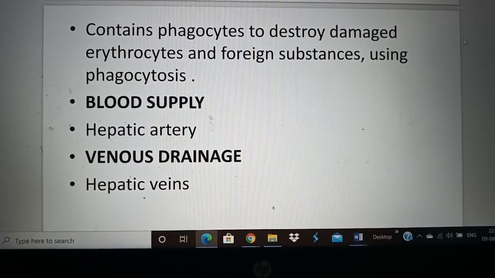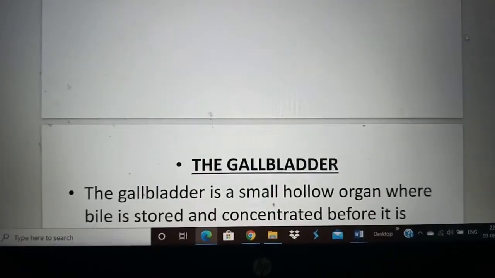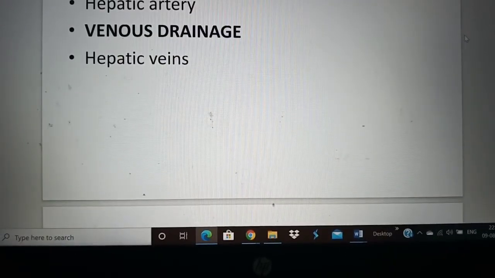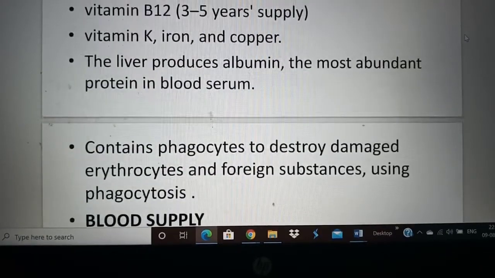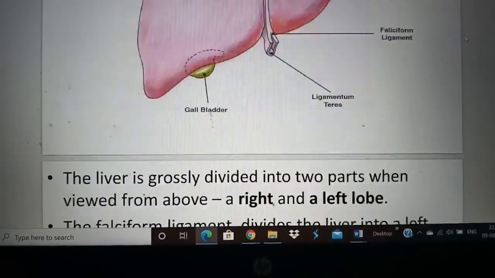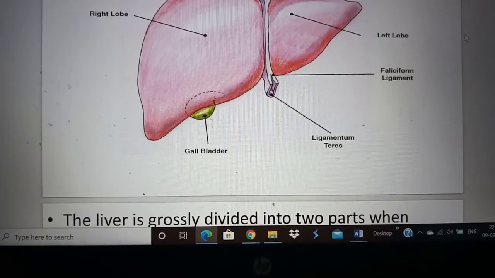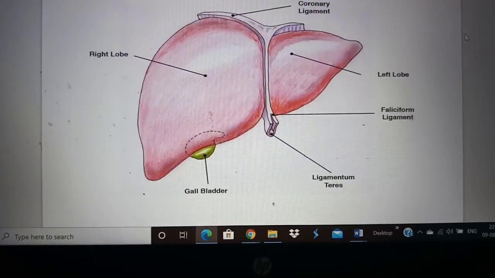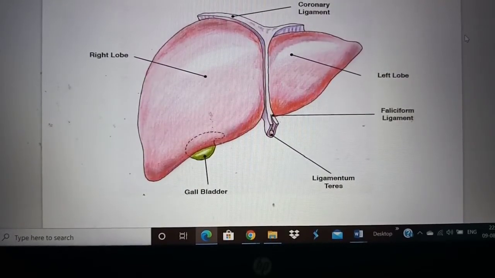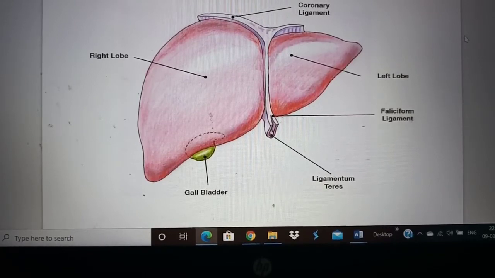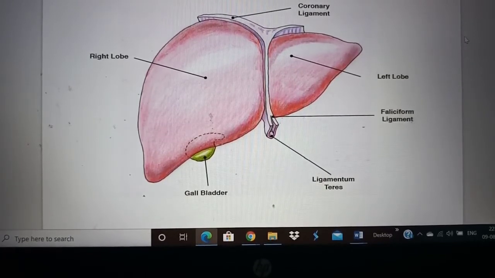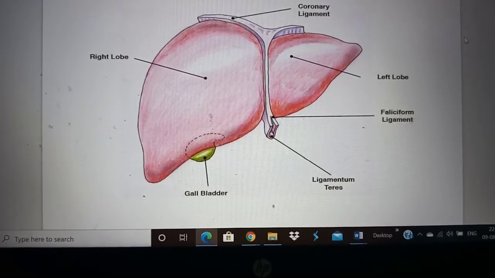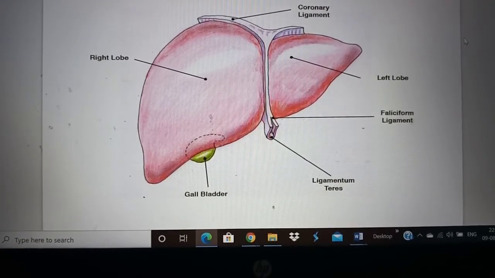A little bit more about the liver. As you can see, the lobes of the liver are made up of many functional units called lobules. A lobule consists of specialized epithelial cells called hepatocytes. Hepatocytes are specialized cells in the liver. They are arranged in an irregular pattern around the central vein.